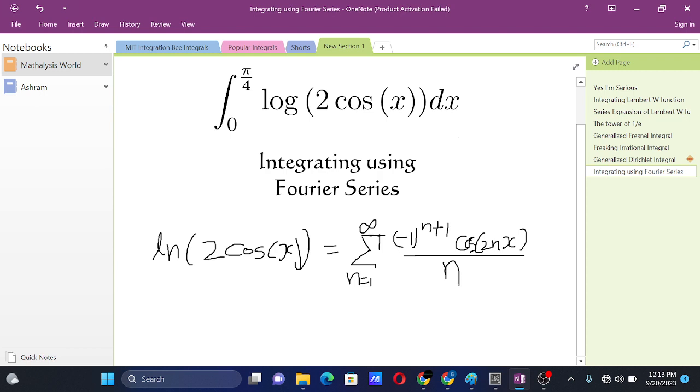So this is the Fourier series for ln of 2 cos x. Now we'll use this series for evaluating this integral.